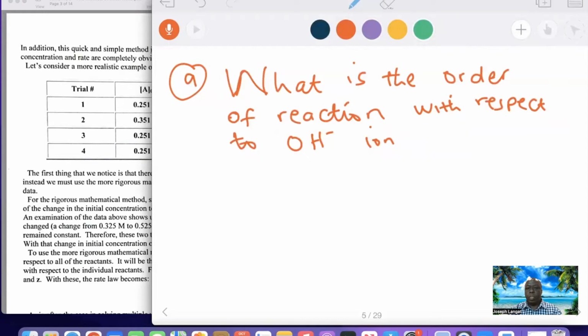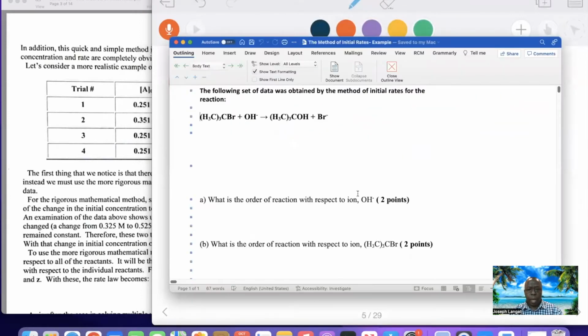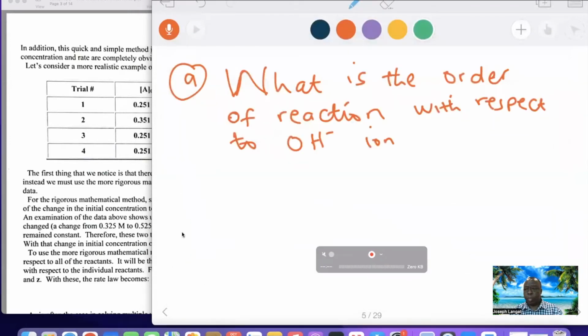To proceed with this using the method of initial rate, at the outset we should have trials, either trial 1, trial 2, trial 3, or experiment 1, experiment 2, experiment 3. It could even be more than three experiments. In this case, we have 3 experiments with respect to hydroxide. Here we have rate 1. I should have written that.